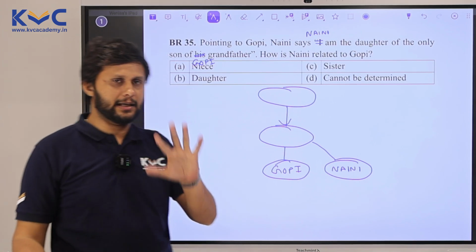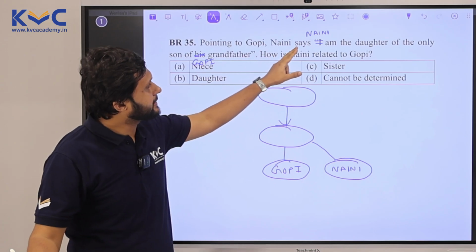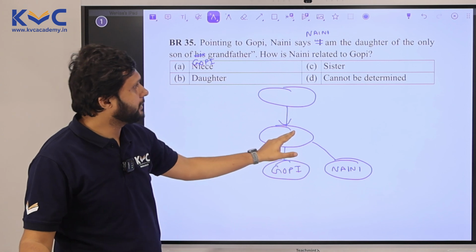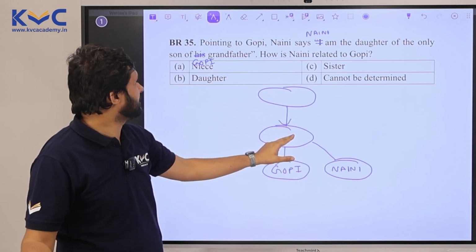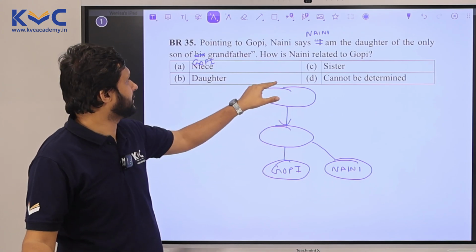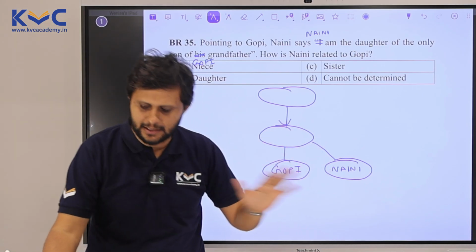Correct? Now let's confirm once again. Pointing to Gopi, Naini says, I am the daughter of the only son of Gopi's grandfather. So the family tree is perfect.